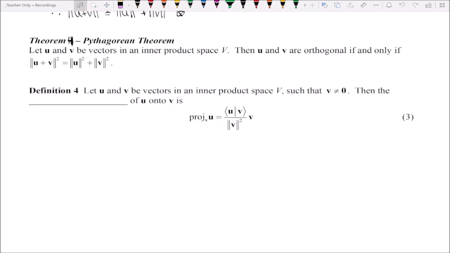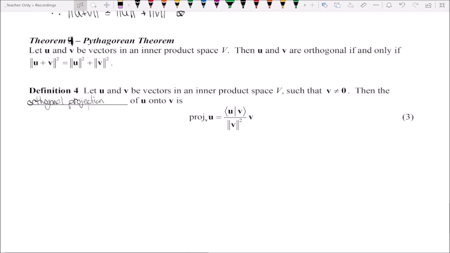Let u and v be vectors in an inner product space V such that v is not the identity. Then the orthogonal projection of u onto v is the inner product of u with v over the norm of v squared, all times v.